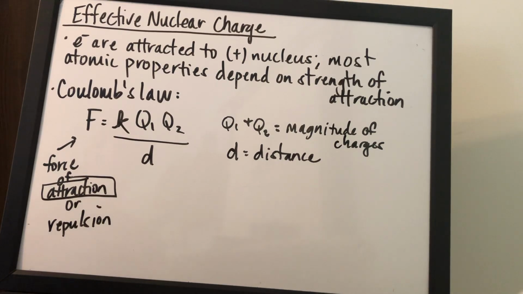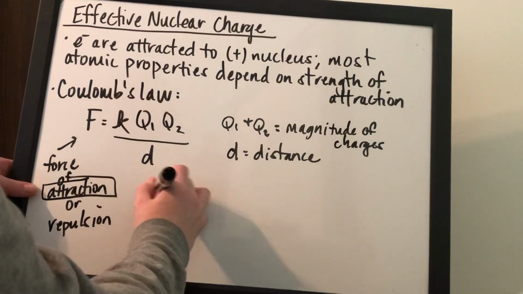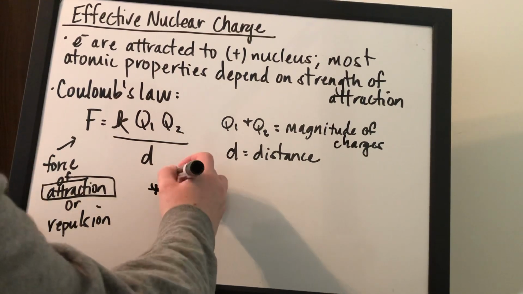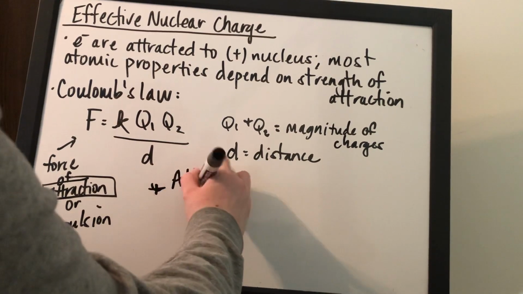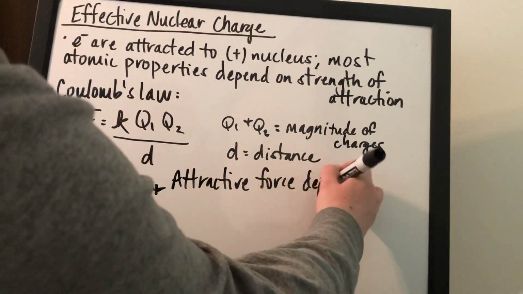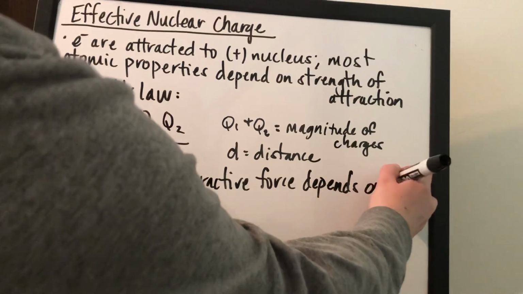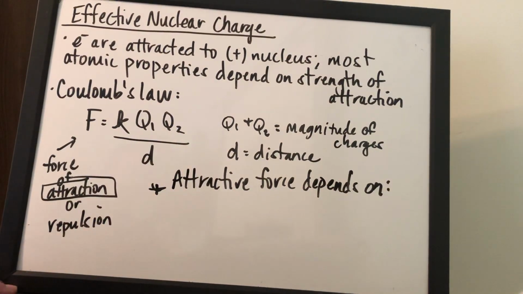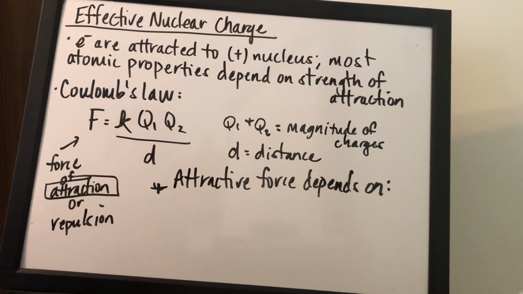So Coulomb's law says that the force of attraction depends on two things. It depends on the magnitude of the charge and on the distance. That's an important takeaway point. Let me write that. So the attractive force depends on, and again, this could be true for repulsion if we were talking about two of the same kind of charged particles, but for now we're talking about attraction.